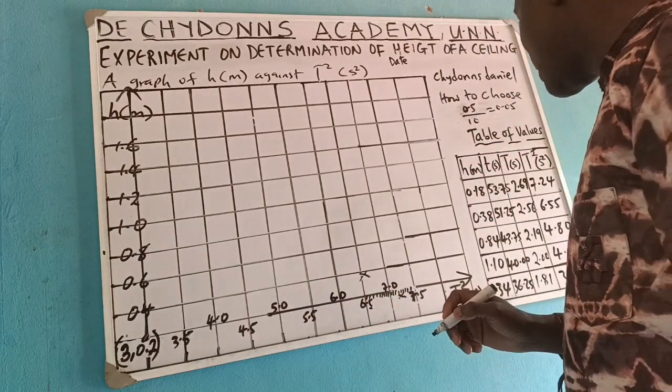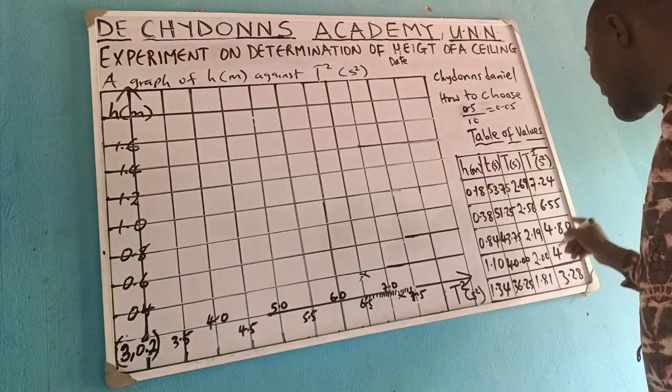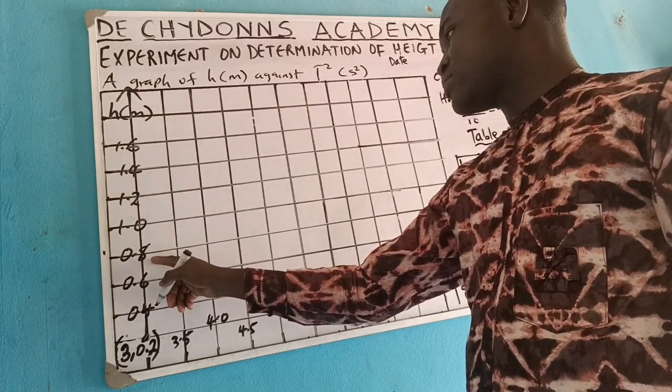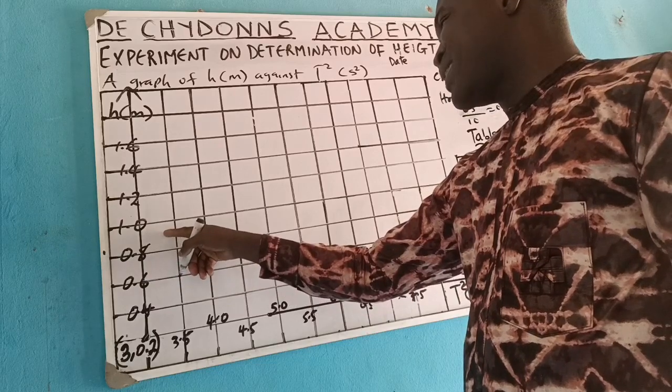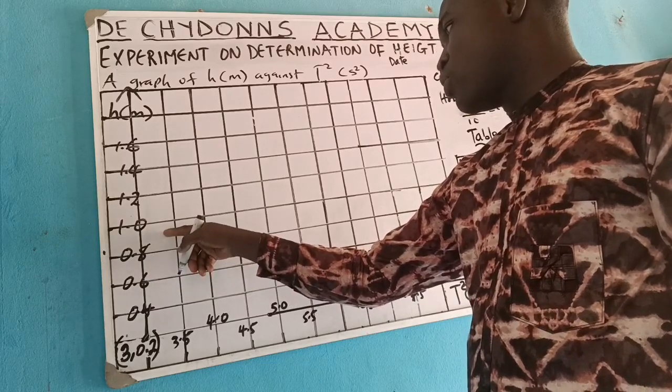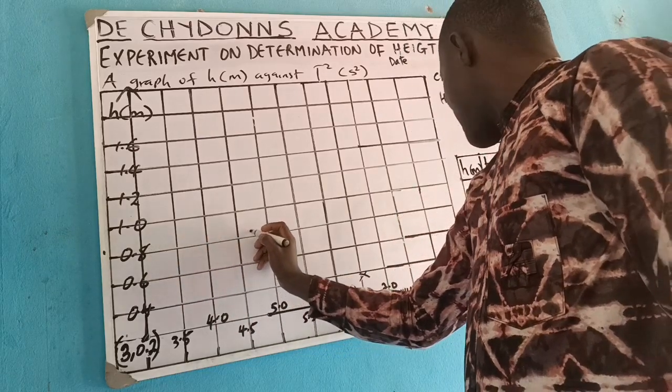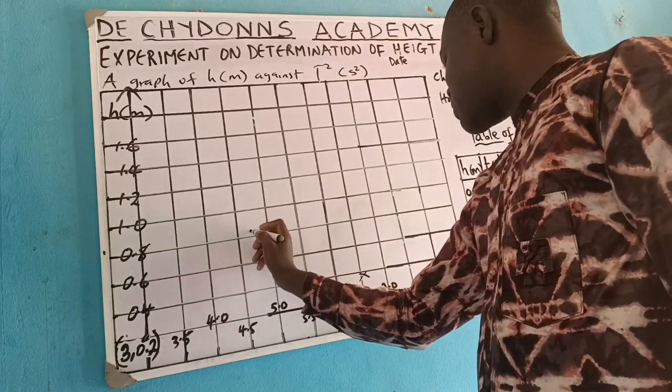Then the next one, 0.84 against 4.8. This is 0.8, in between is 0.9. So 0.84 should be somewhere here against 4.8.